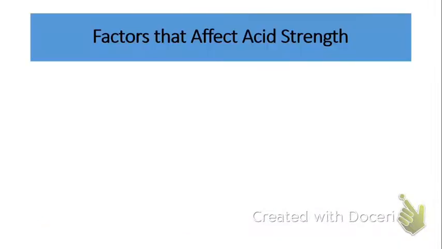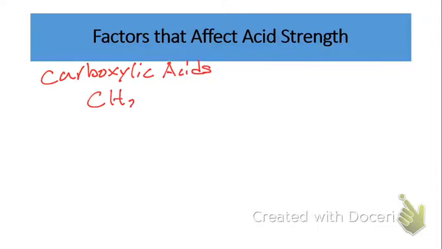Okay, one last thing. I want to talk about carboxylic acids a little bit more. We've mentioned them in the past. So carboxylic acid, a giveaway for a carboxylic acid is the COOH group there.